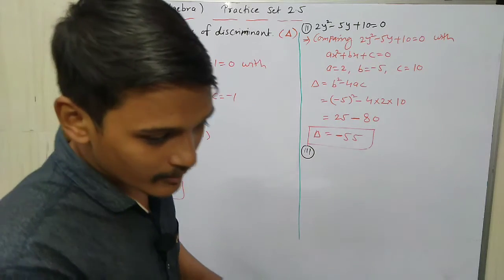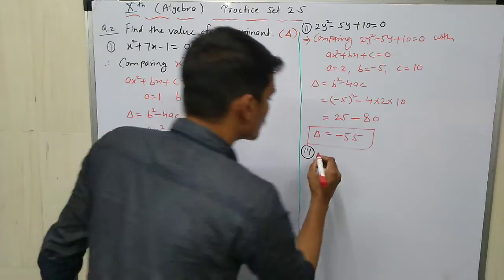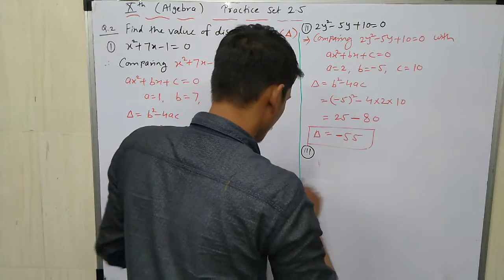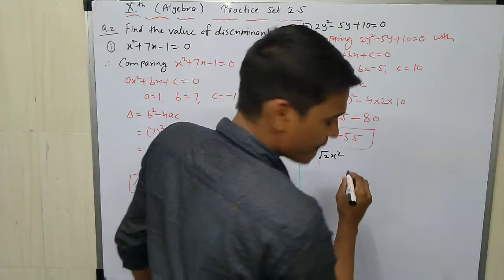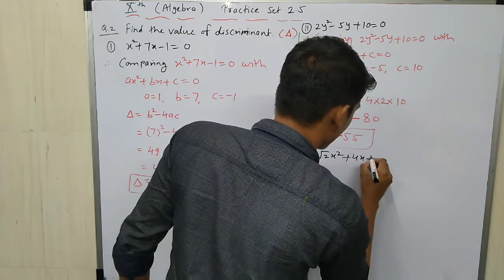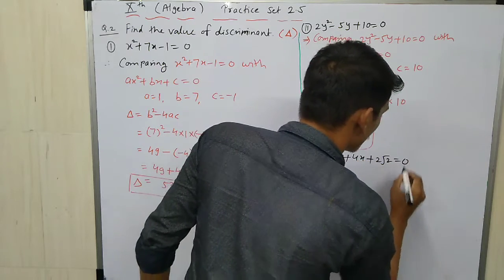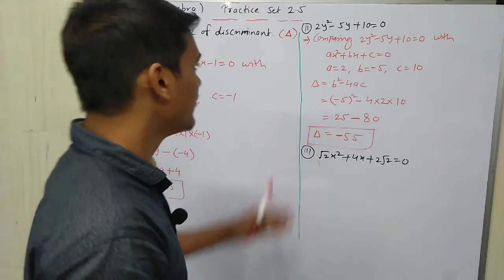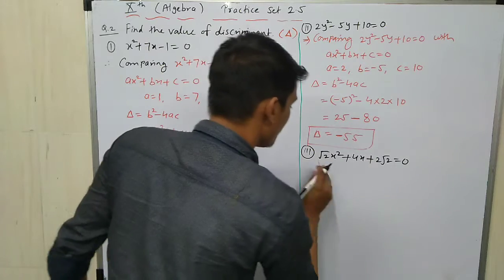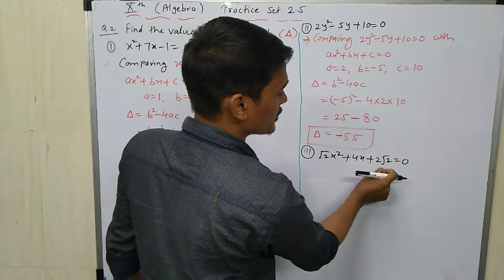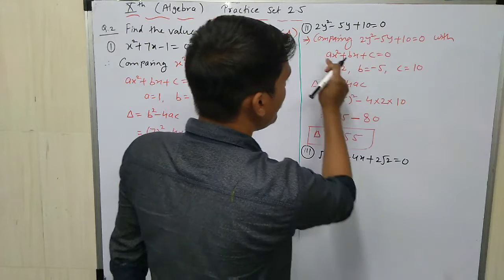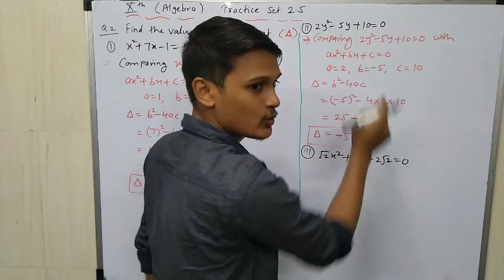Now the third question is root 2 x square plus 4x plus 2 root 2 is equal to 0. Understood? Same, comparing root 2 x square plus 4x plus 2 root 2 is equal to 0 with ax square plus bx plus c is equal to 0.